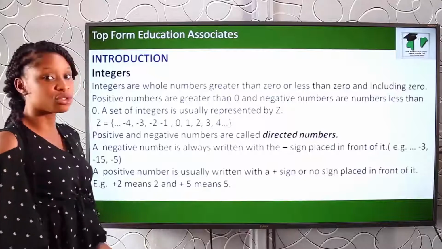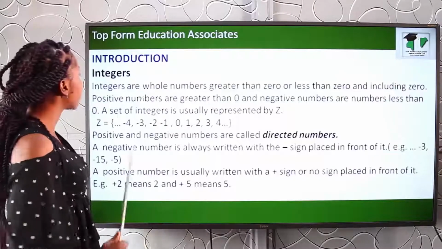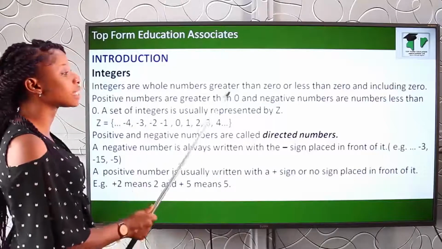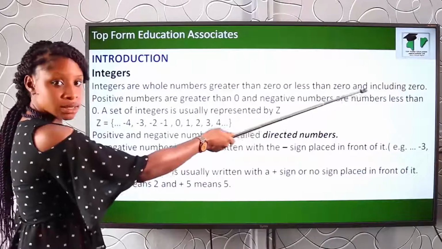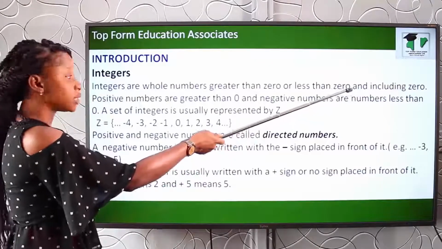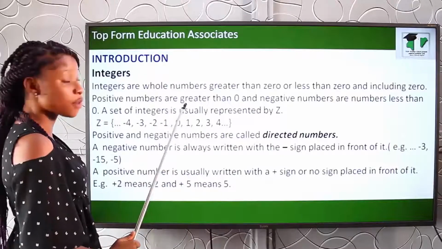Quickly, let's look at our introduction. Integers. Integers are whole numbers greater than 0 or less than 0, including 0. Implying 0 is an integer, okay? Positive numbers are greater than 0.